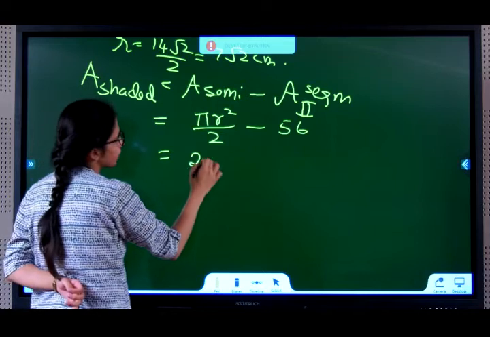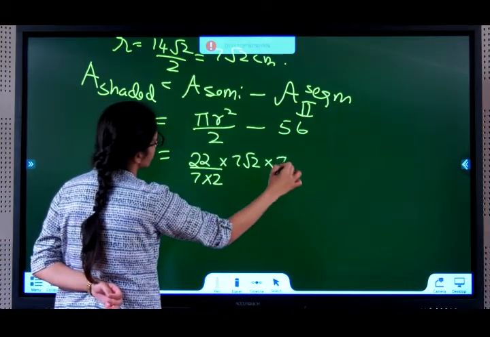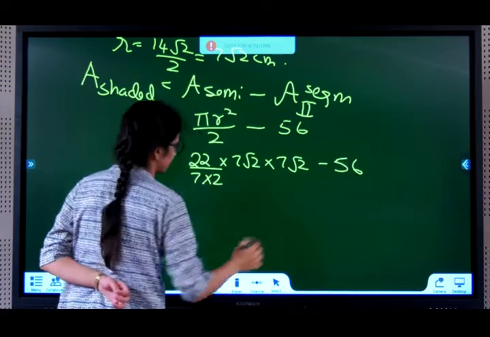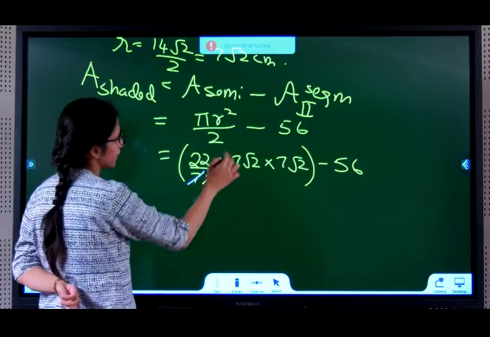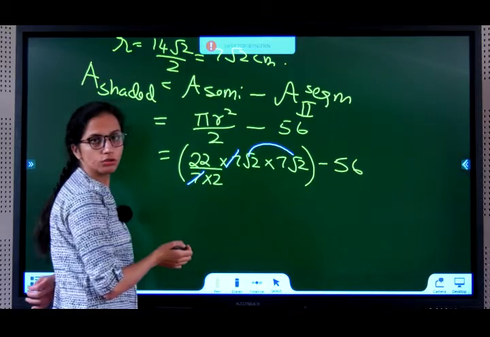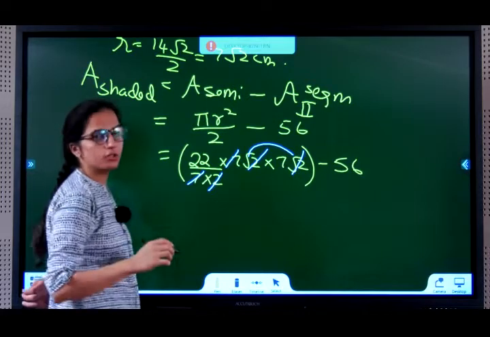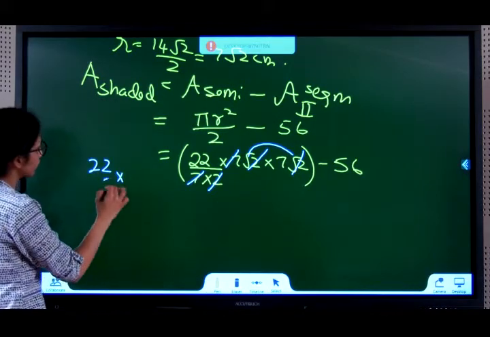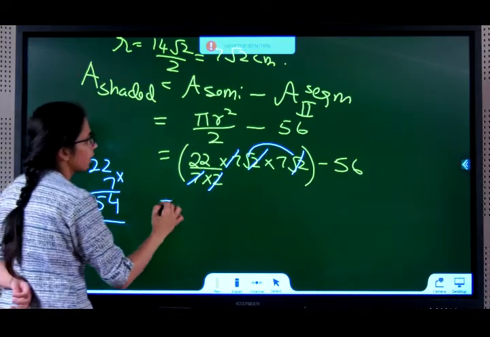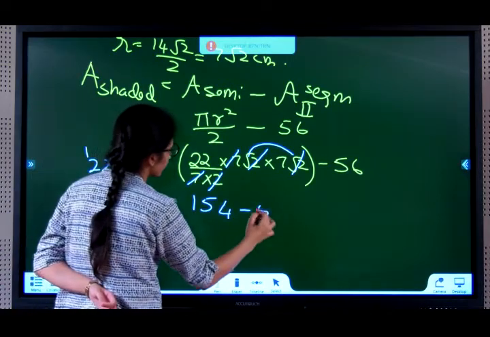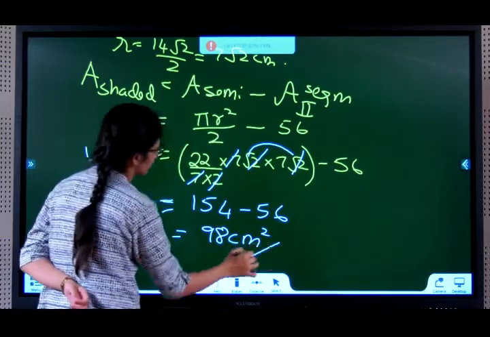So this is 22 by 7 into 2, 7 root 2 into 7 root 2 minus 56. See, on solving this, 7 cancels. Root 2 into root 2, 2, it will go away with this 2. 22 into 7, 7 twos are 14. 154 minus 56, which is 98 centimeter square.